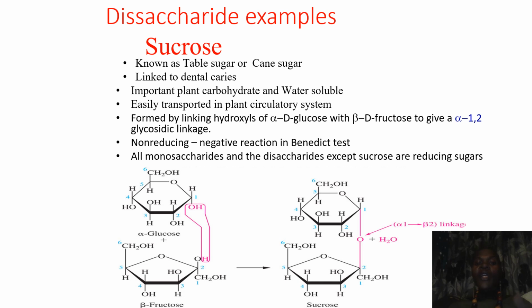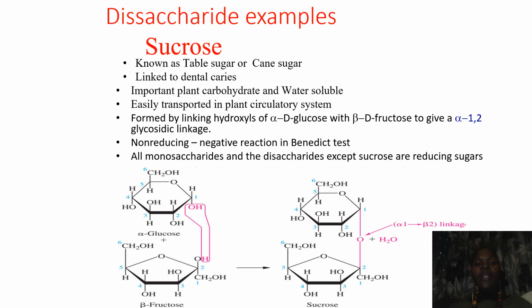But now if you look at sucrose, the second monosaccharide component has been involved in bonding. So it is not as free. We don't have the free acetyl group as seen in lactose and maltose. So all the monosaccharide components have been involved in bonding.